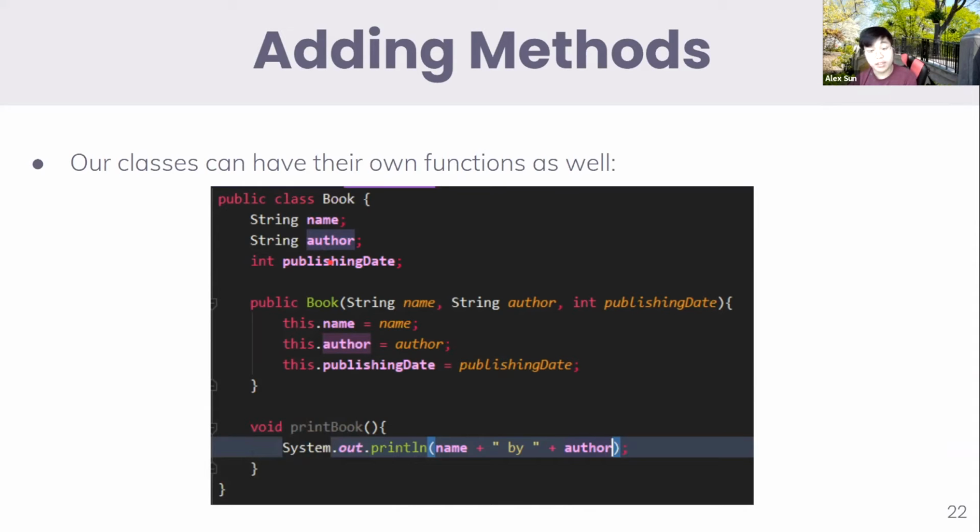You would get a much easier way of running printBook on all of your books without having to make separate print lines. So this is one example. There are many actually. The possibilities are kind of limitless, which is what's so powerful about classes: you can have as many of these methods as you want.